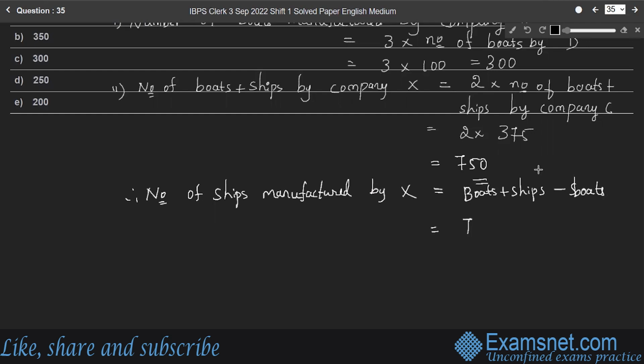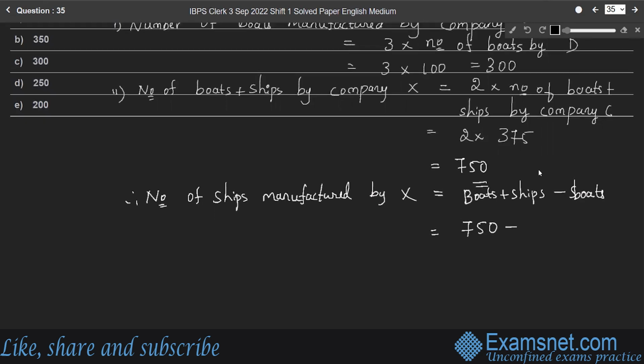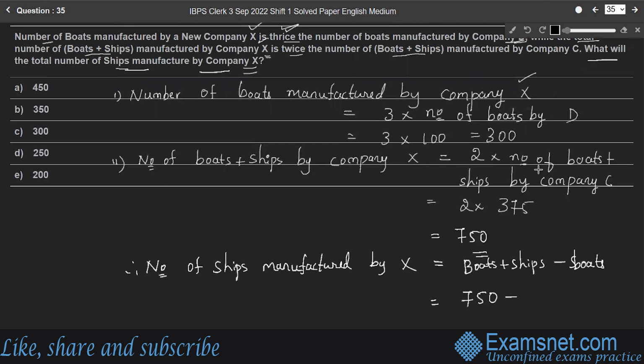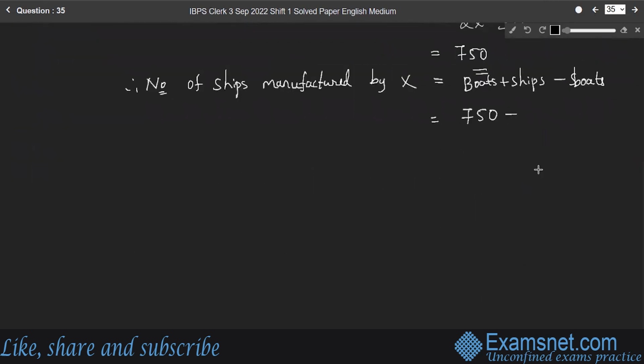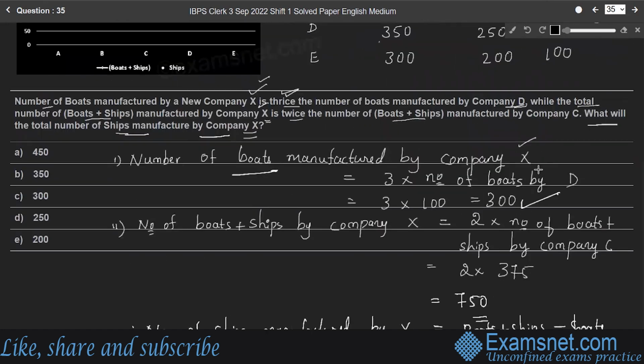So it is 750 minus 300, since X manufactures 300 boats, which is 450. Therefore, number of ships manufactured by X is equal to 450. Hence, option A is the right answer.